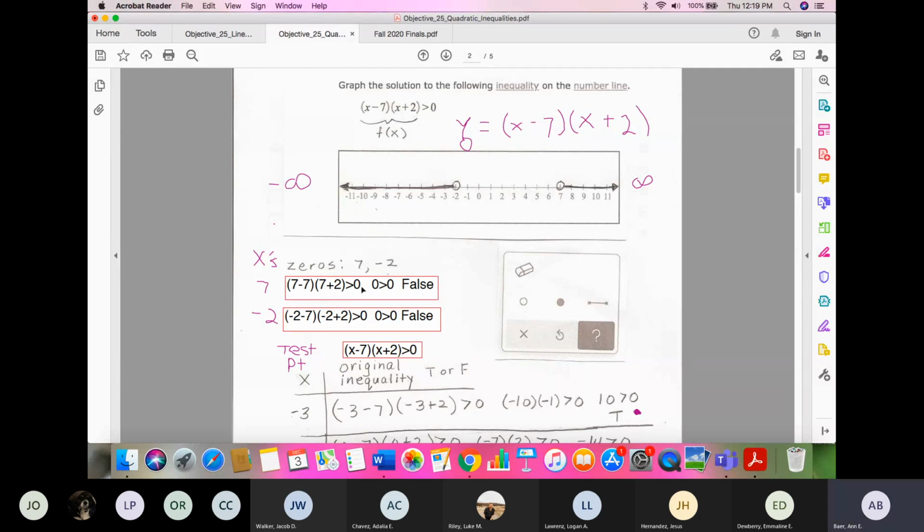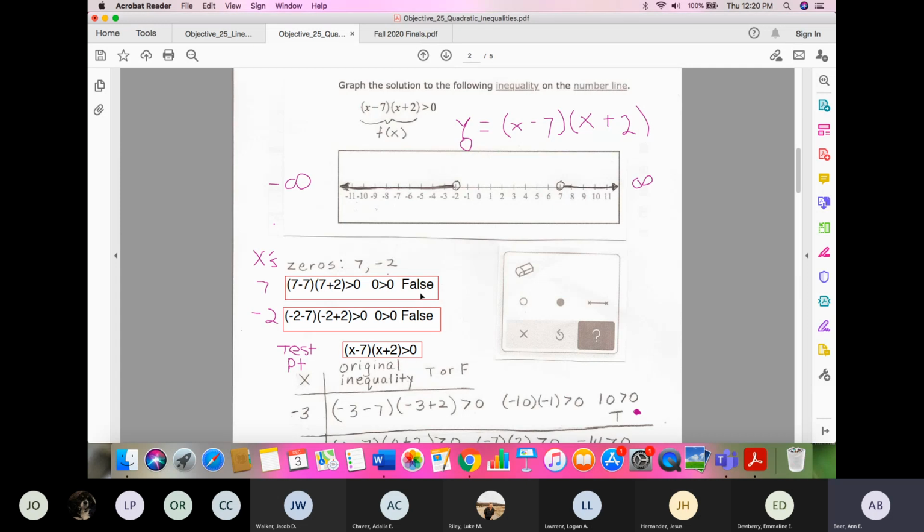So the question is, is that a true statement or a false statement? 7 minus 7 is 0. 7 plus 2 is 9. 0 times 9 is 0. Greater than 0. So now we want to ask ourselves, is this statement true or false? 0 greater than 0, it's false because 0 is actually equal to 0.